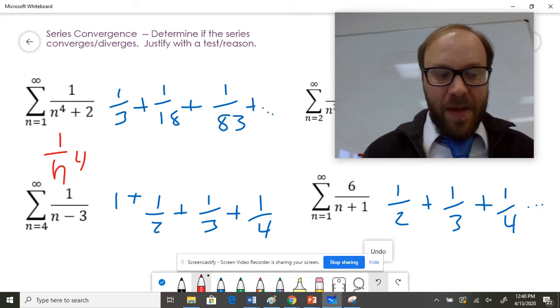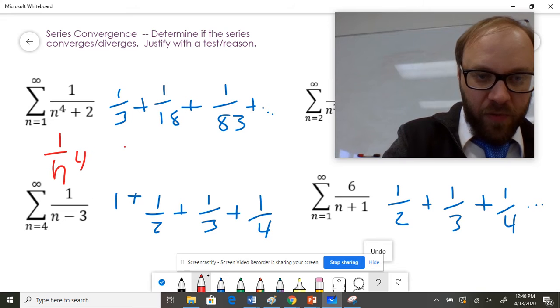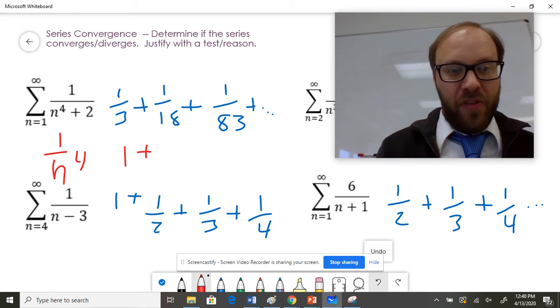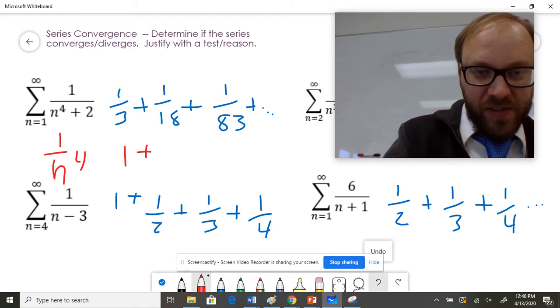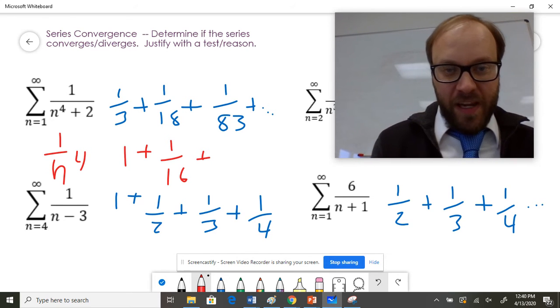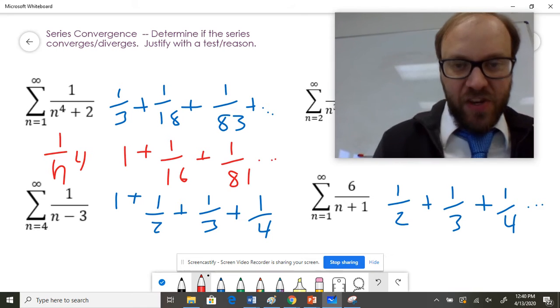If you think about the terms of 1 over n to the fourth, 1 over 1 to the fourth would be 1. 1 over 2 to the fourth would be equal to 1/16. 1 over 3 to the fourth would be equal to 1/81, and so on.